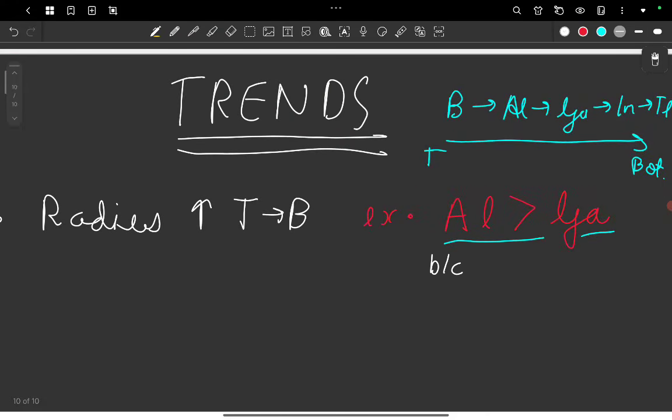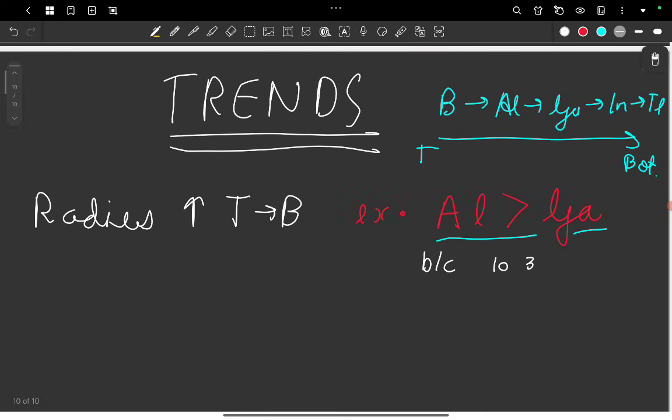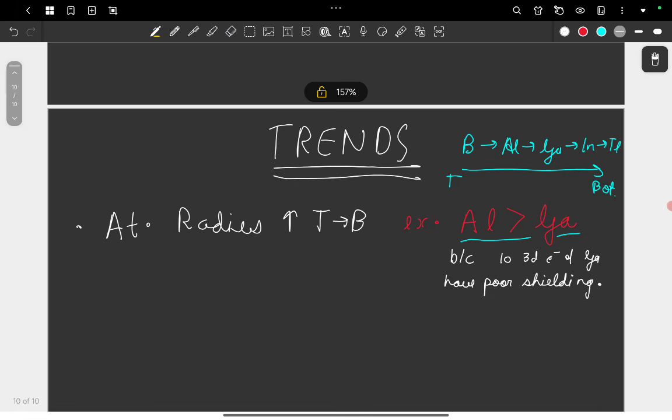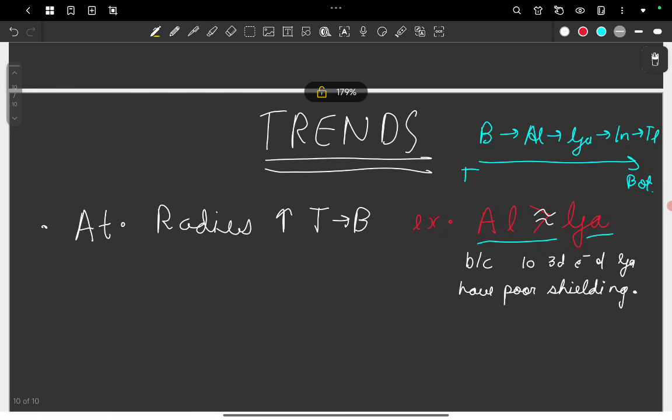It is because the 10 3d electrons of gallium have poor shielding, and hence they are not able to shield the outer electrons of gallium from the increased nuclear charge, and hence they are pulled in by the nucleus, which causes its size to shrink just a bit smaller than aluminium. In fact, they are almost equal, but gallium happens to just be a little smaller than aluminium.